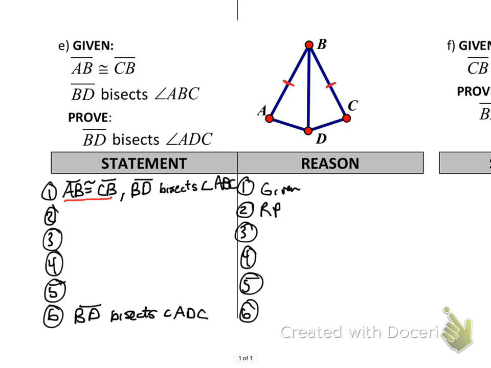What specific element is shared by both triangles? Angle B. No. What's that? So what are we going to say is congruent to itself? BD. Okay. So BD is that segment that's shared by both triangles. So BD is congruent to BD.